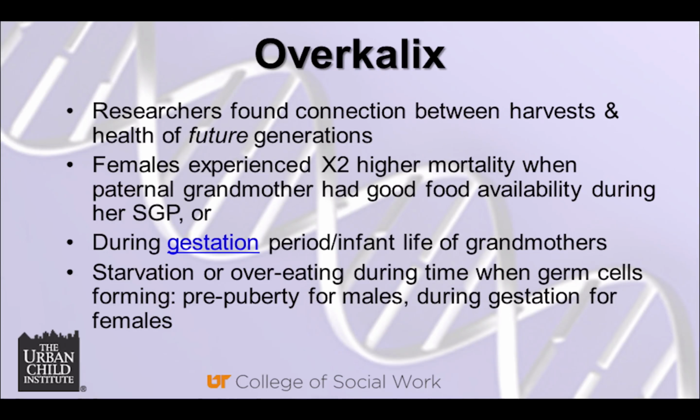And what they found was a connection between how good the harvests were and the health of future generations. So for females, when their paternal grandmothers had good food availability during that slow growth period, or during gestation of the grandmothers, females had much higher mortality, about twice as high in early life.